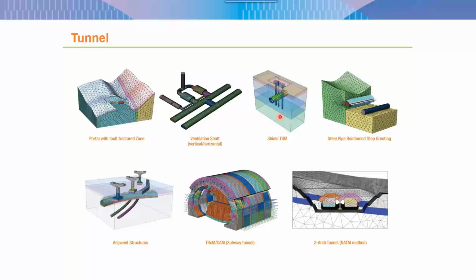Otherwise, for a tunnel in a hill, you can go for the steel pipe reinforced multi-step grouting. And you can see here the tunnel has a very varying overburden. The overburdens are different at the portals, and it has lowered due to the valley depression just at the middle of the tunnel.